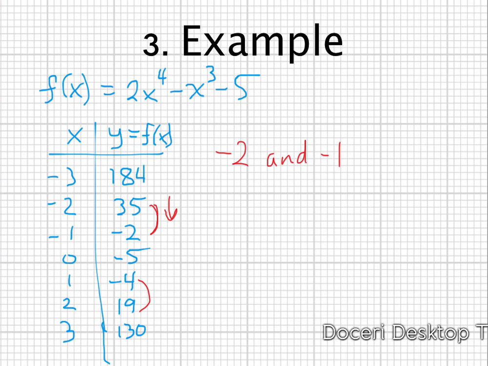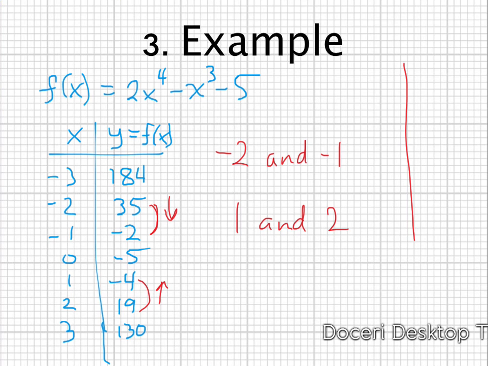That means I cross the x-axis somewhere between negative 1 and negative 2. And between 1 and positive 2, I'm going up, right? Because I go from a negative to a positive again. So somewhere between negative 2 and negative 1, there's a 0. And somewhere between positive 1 and positive 2, there is a 0.